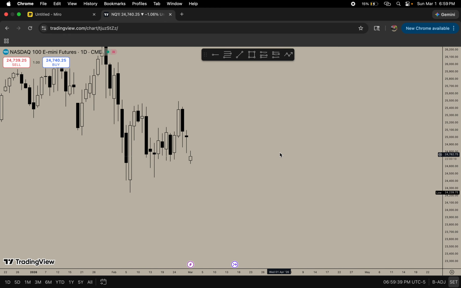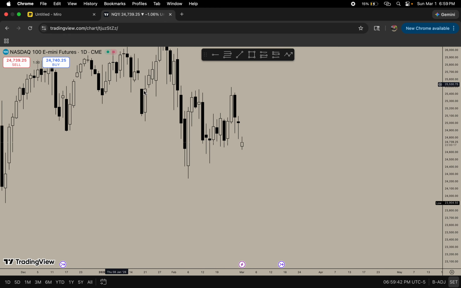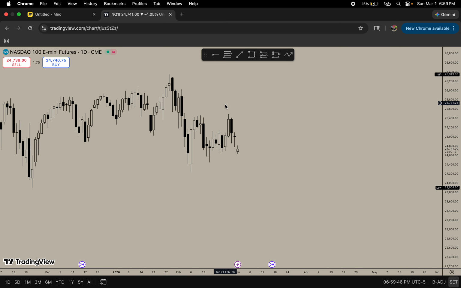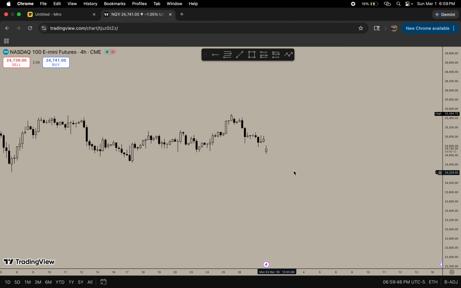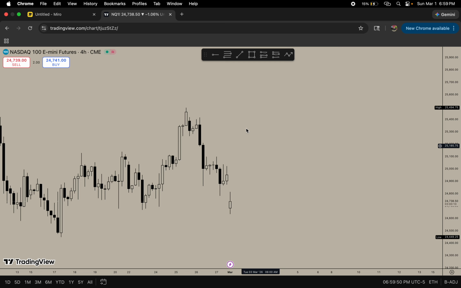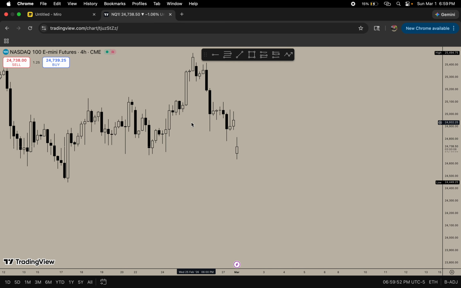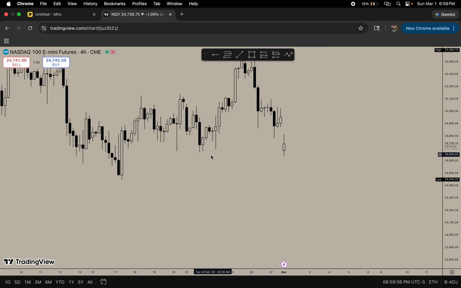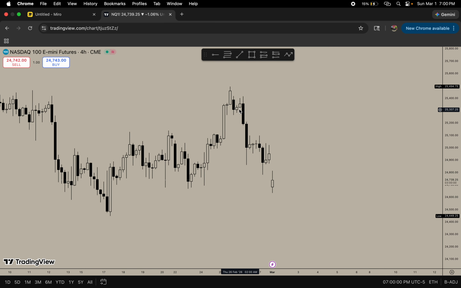So pretty much, to use your overall bias would be the daily. You could use the 4 hour as well. Keep an important eye on what's going to be most likely swept. It's kind of obvious right here. We have these stacked lows.